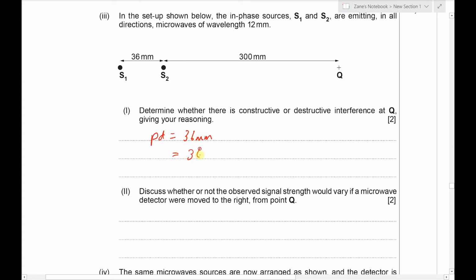Now let's take that 36 millimeters and divide it by the wavelength, which was 12 millimeters, and that will give us an answer of 3 wavelengths. And as we've seen earlier, if we have an integer number of wavelengths to the path difference, we get constructive interference.